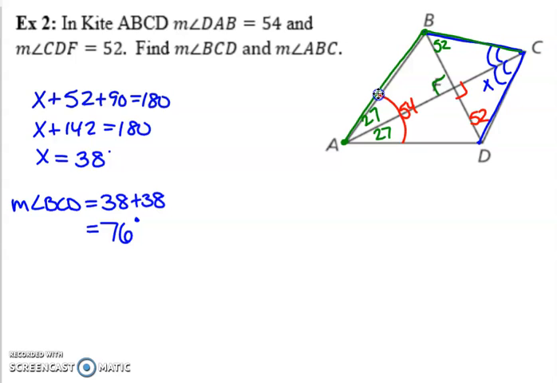And we know we have a right angle. So I'm going to use a placeholder of Y. Let's get that left-hand side, and we'll be able to put our two pieces together. So we're looking at Y plus 27 plus 90 equals 180.